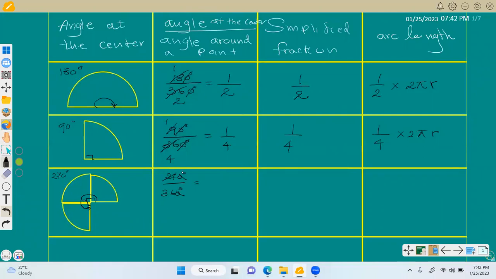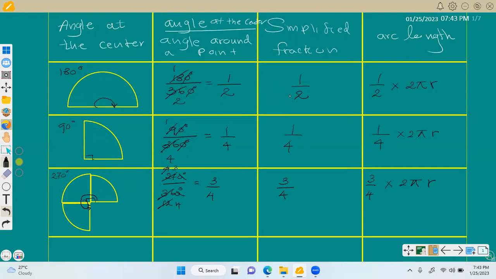Then 27 divided by 3 is 9, 36 divided by 3 is 12. Again divide by 3, it is 3, and again divide by 3, it is 4. So the simplified fraction is 3 upon 4. So when the angle at the center is 270, the arc length is 3/4 times 2 pi r.